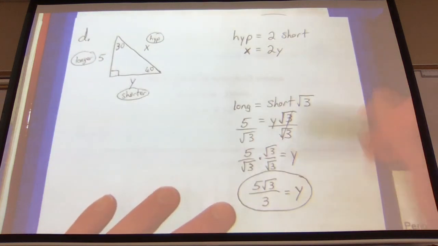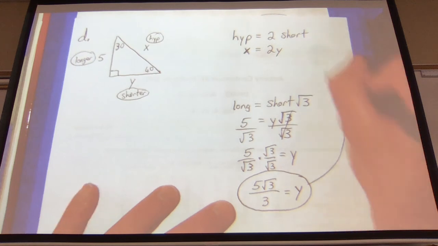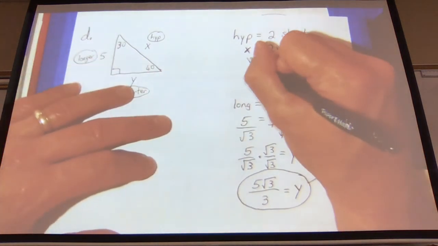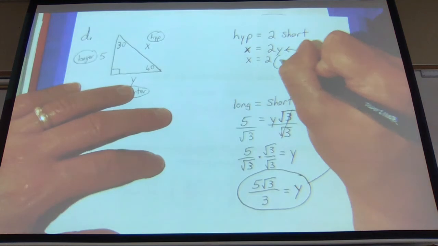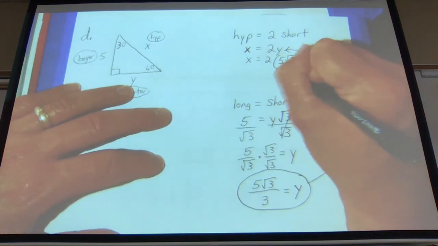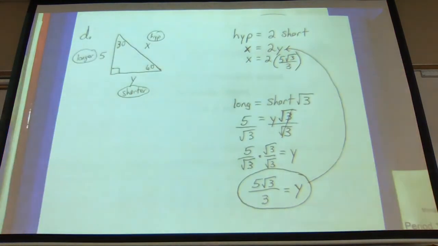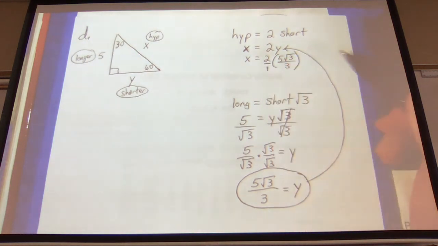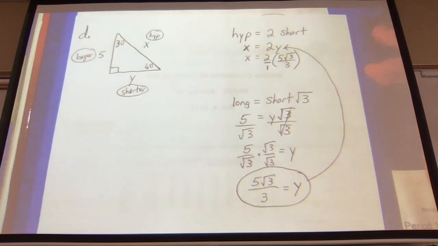Now that we've got y, we can come up here and put it in, so we can solve this one. X is going to equal 2y. We just found y to be 5 times the square root of 3 over 3. And now you can think of this 2 out front as 2 over 1. You don't have to put the 1 underneath if you don't want to.